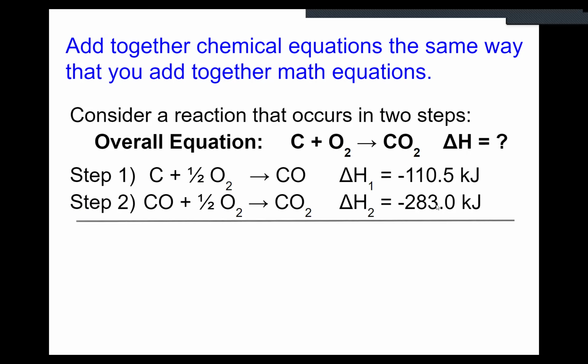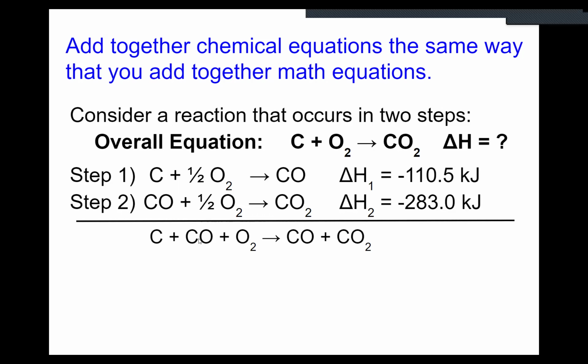If we were to add these 2 equations together, notice that the 2 half moles of oxygen adds up to 1. The carbon and the carbon monoxide from the reactant sides add together, so those appear once more. On the product side of the equation, carbon monoxide and carbon dioxide are written to the right of the arrow.